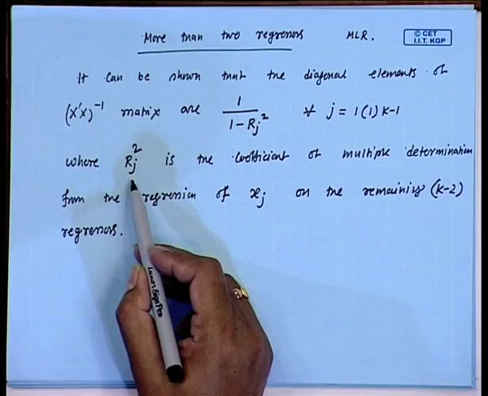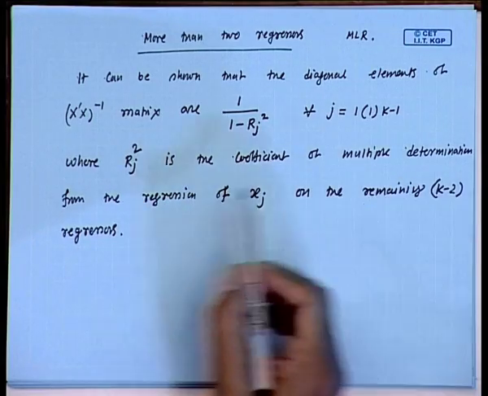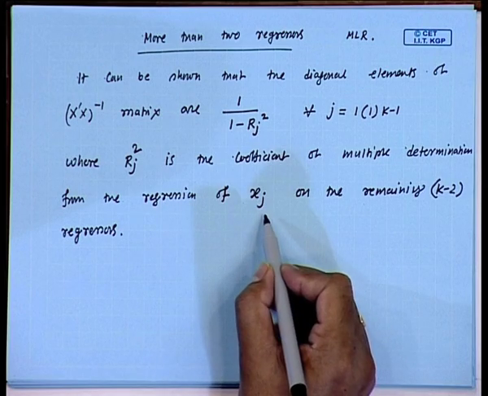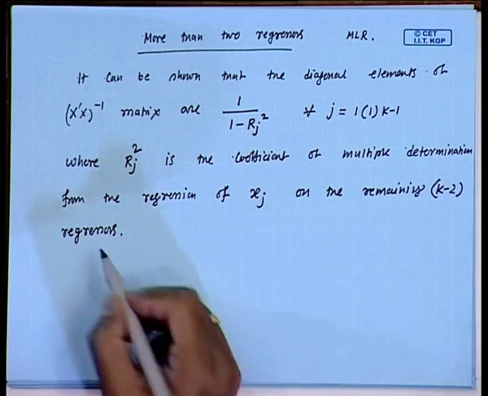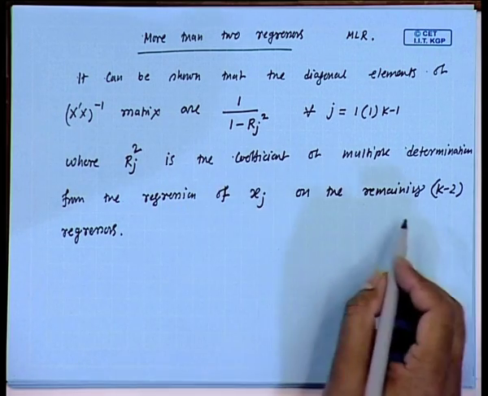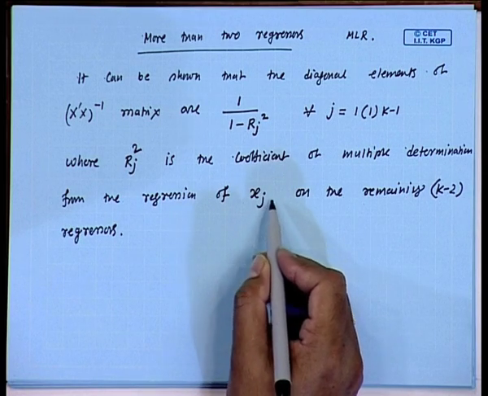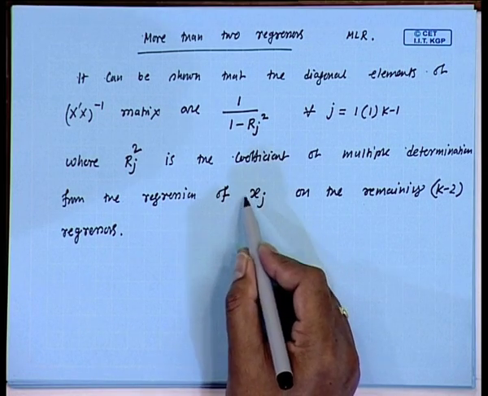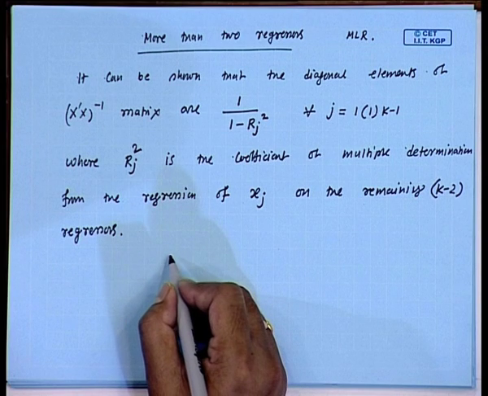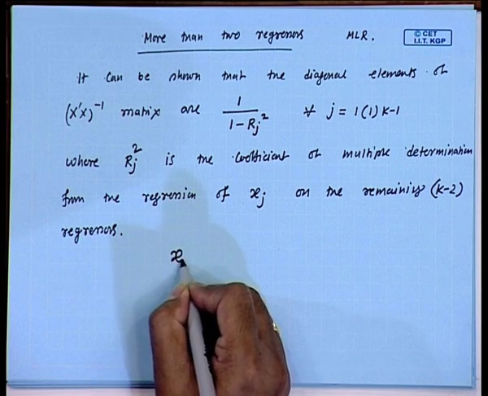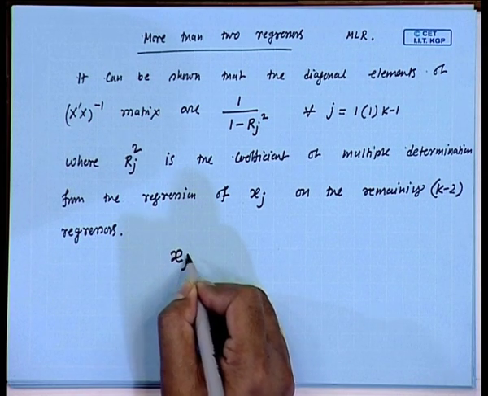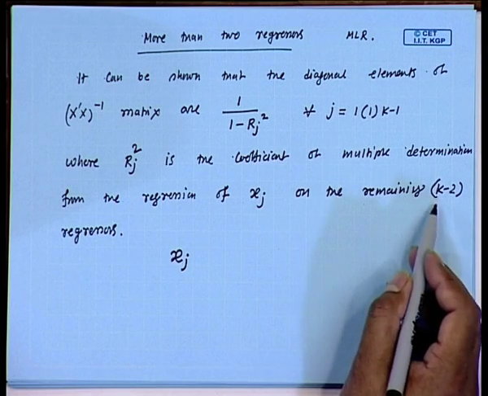But here, this Rj square is the coefficient of multiple determination from the regression of Xj on the remaining regressors. That means the multiple linear regression model is between Xj and the remaining regressors.